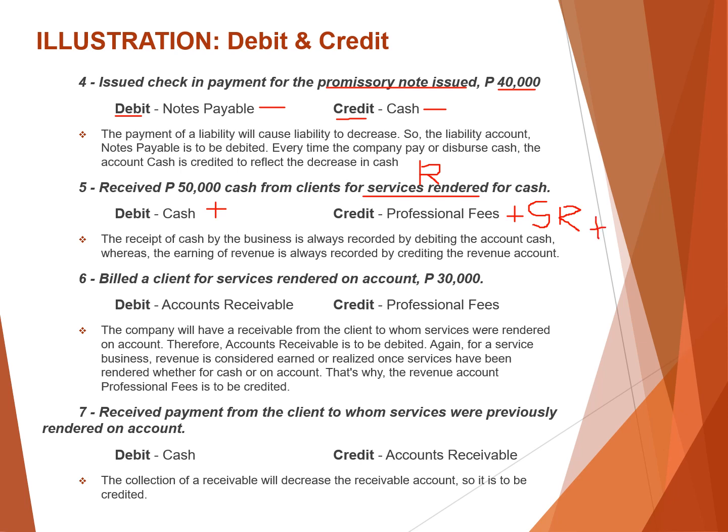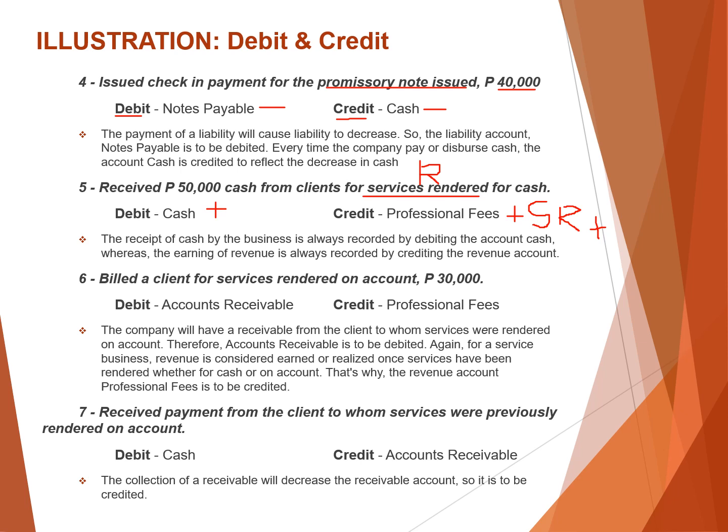Okay, it is always an increase. Because you cannot decrease service revenue, because once you have rendered a service, can you take it back? You can no longer take back the service you gave. Right? According to the accrual basis of accounting, once you deliver your service, you automatically recognize service revenue. So that's why service revenue is always increased.